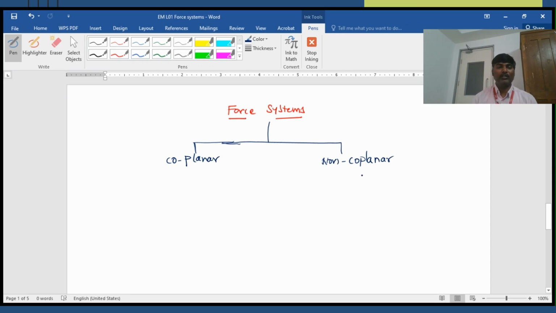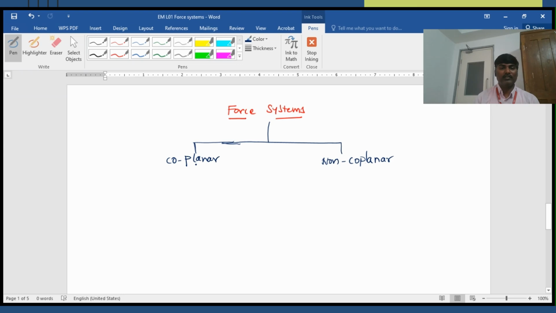So all the forces shall lie in one single plane. You take any one plane like xy, yz, or zx, or any other arbitrary plane. So all the forces should be acting only in one plane. Okay, if the case is not so, then we call it a non-coplanar force system.